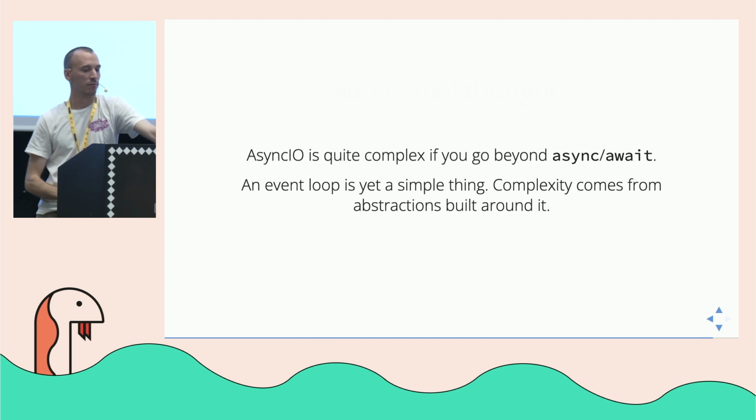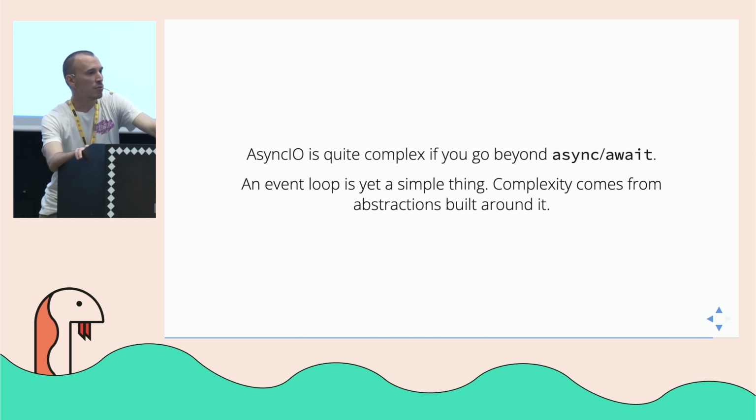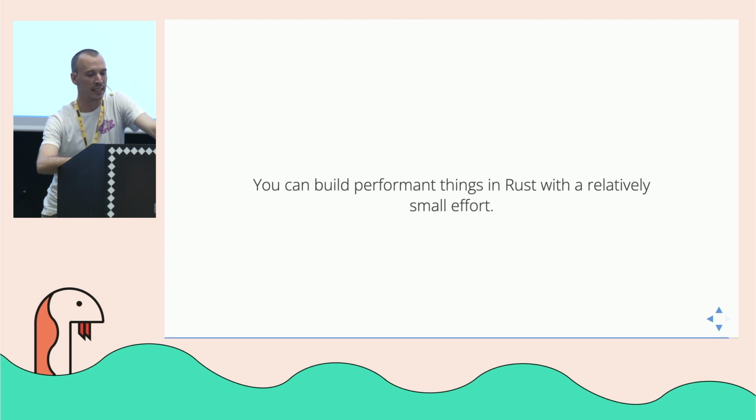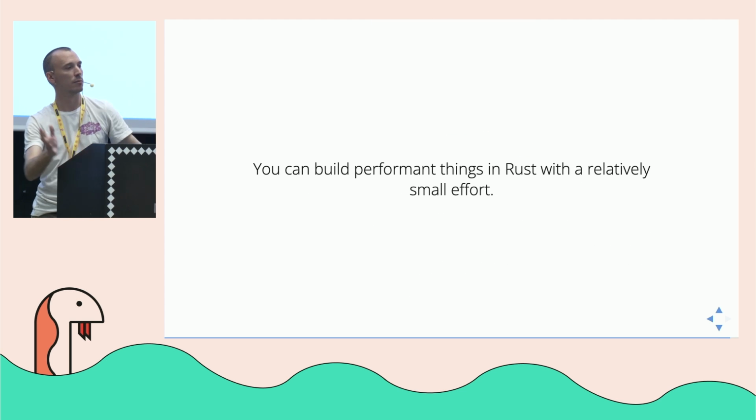Final thoughts. AsyncIO is quite complex, but it's because of the interfaces we built on top of it. The event loop is something simple. PyO3 is magical, there's no other way to describe it. It's super cool, and you can also build performance.